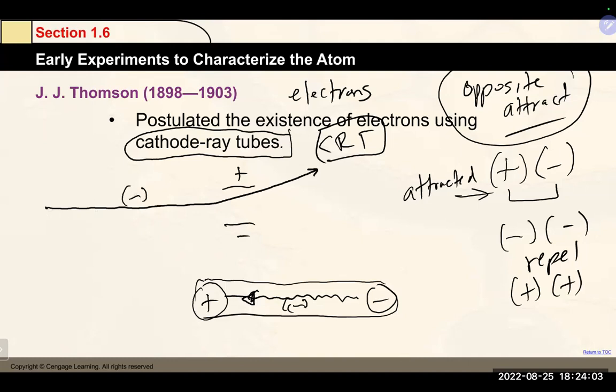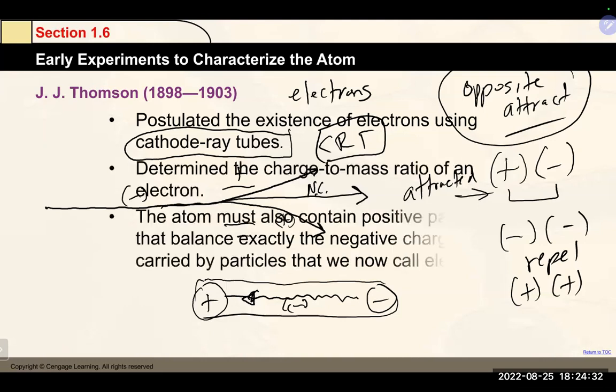If you shot particles and they bent down towards the negative side, we would know that would be a positive one. And if you shot something and it just sailed right through and really wasn't attracted either way, that thing would have basically no charge. So a lot of early experiments and later experiments really do take advantage of this idea of opposites attract to allow certain experiments to take place.